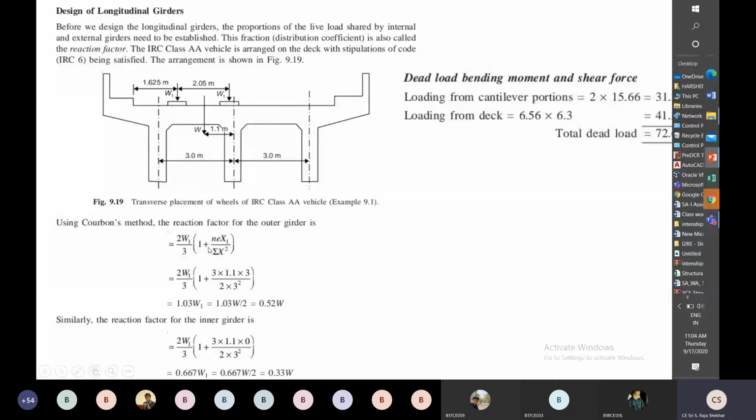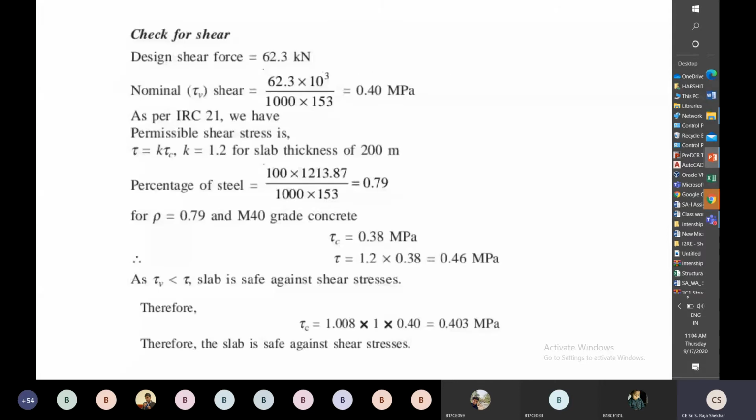N is equal to number of girders, which is 3. For E, the eccentricity of load, we are going to get 1.1. I will explain once again how the 1.1 value came.